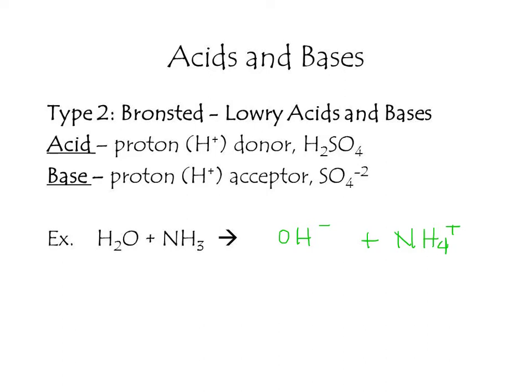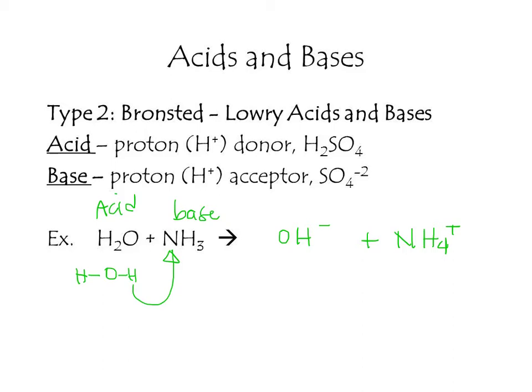So what's happening is this hydrogen on the water is being donated to the ammonia. So that tells me that water is our acid because it donated a hydrogen. Ammonia is our base because it accepted the hydrogen ion.